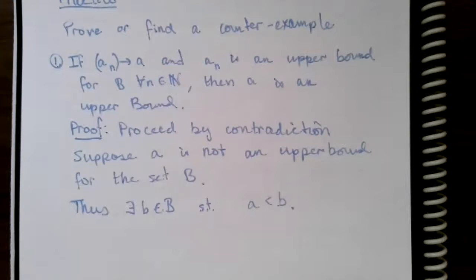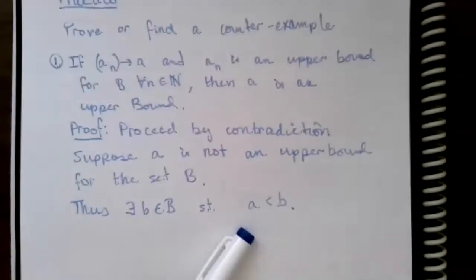Now what we're shooting for when we're doing this proof by contradiction is we want to produce terms in the sequence that are not upper bounds anymore for the set B. Because remember, we're keeping the premise. We're trying to have the premise and the opposite of the conclusion. So we're trying to have A not be an upper bound while all the A sub n's are.